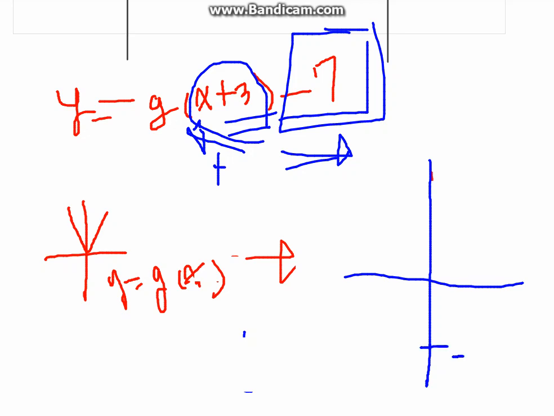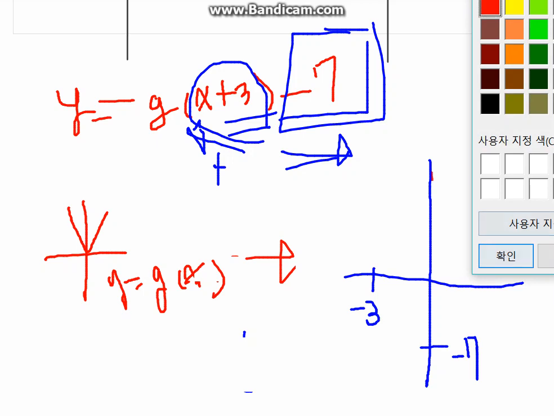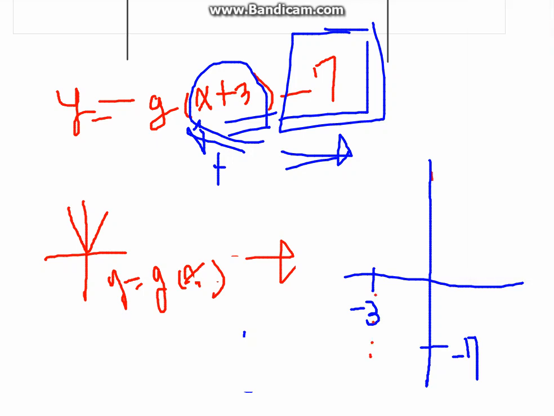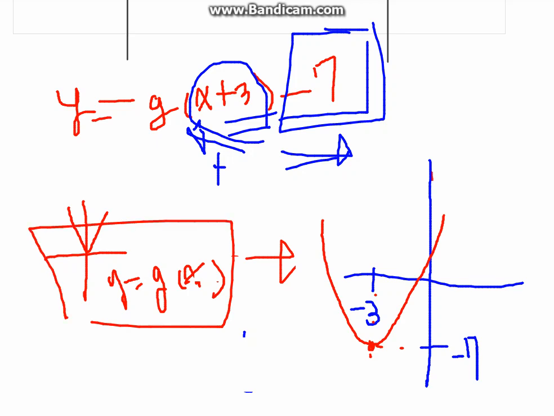We said minus 7 vertically, and since it's plus 3, it's going to go to the left, so it'll go minus 3. So basically, we are going to be here, and the graph will kind of go like this. So if this is the original graph, the OG graph, then y equals g(x plus 3) minus 7 is going to look like this.